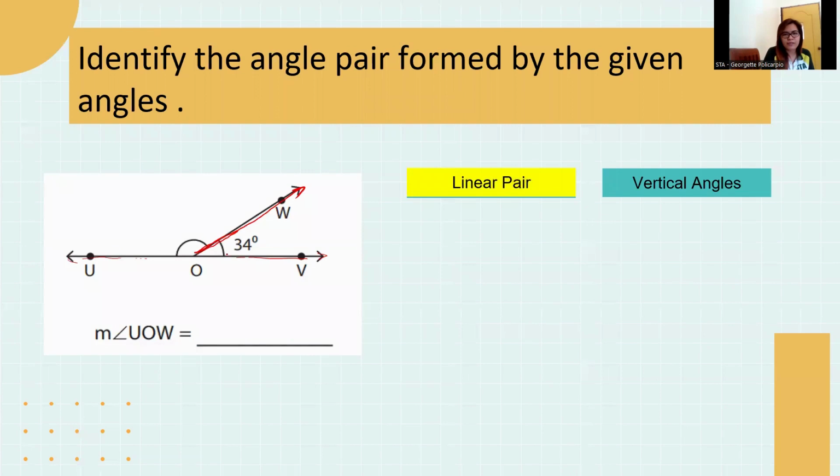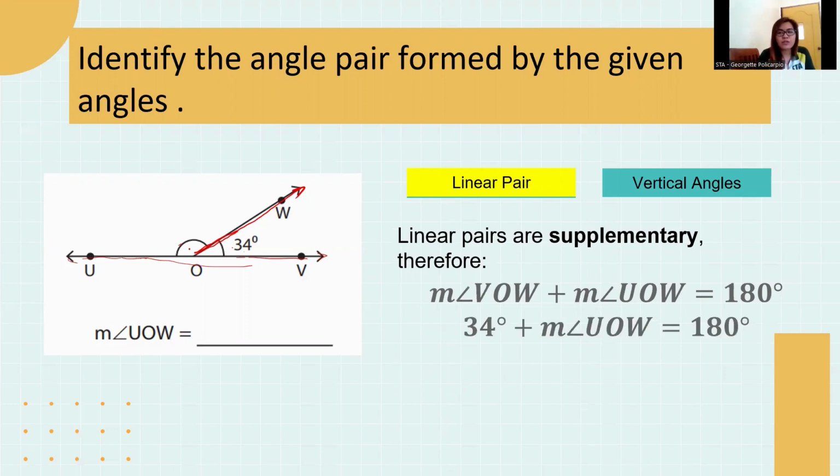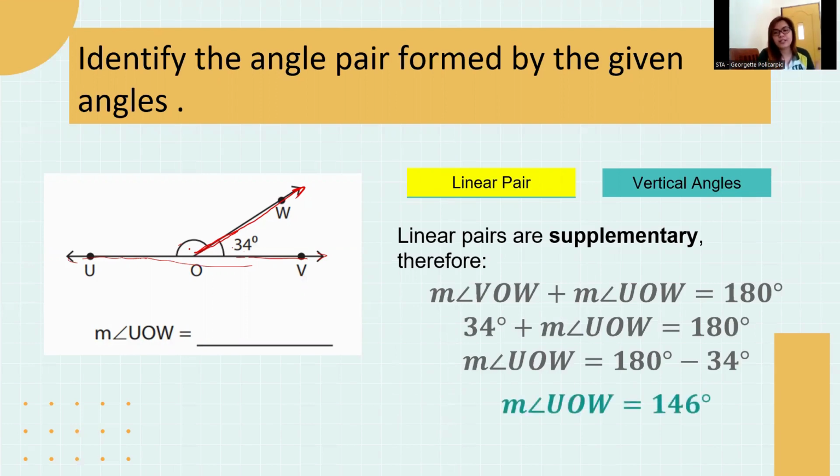Once they form a straight line, linear pair. Okay? So, since linear pairs are supplementary, ano kaya yung i-add mo sa 34 para siya ay maging 180? Reveal natin. So, 180 minus 34, therefore, the answer will be 146.